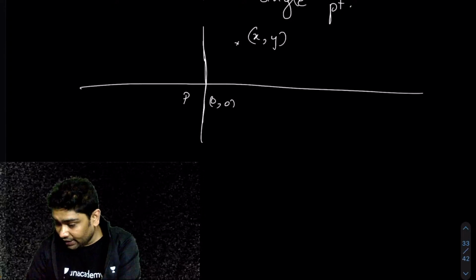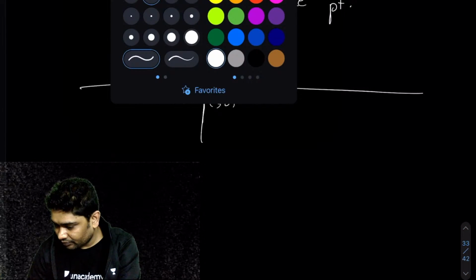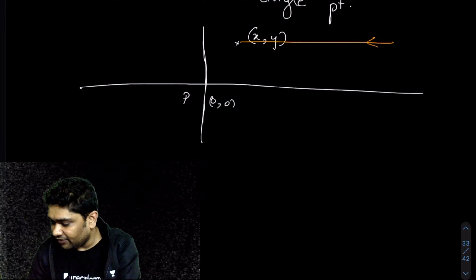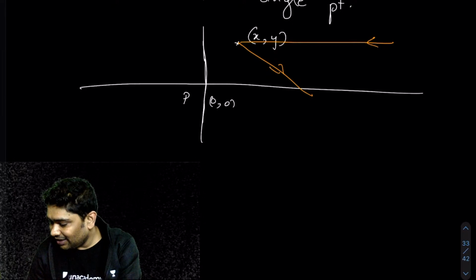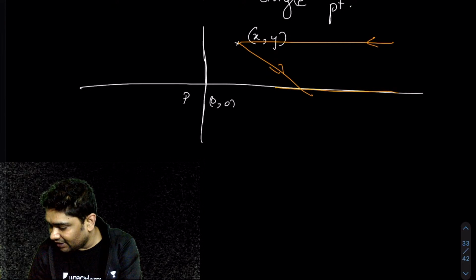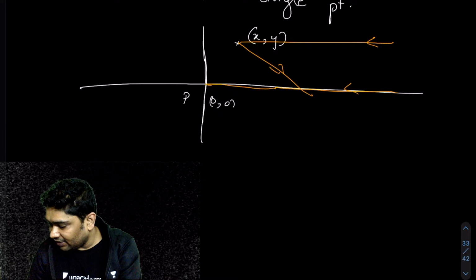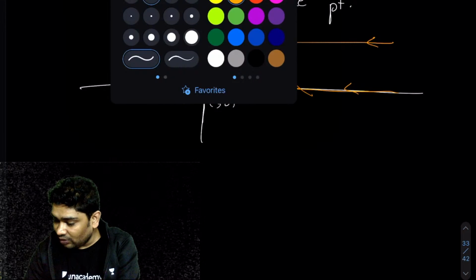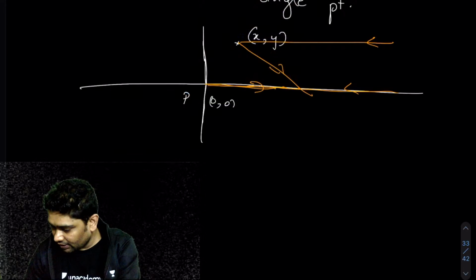So what I want is, when a light ray falls on this, imagine a light ray moving parallel to the principal axis. When it falls on this, it should pass through a point. And imagine if the light ray is coming like this and it is getting reflected, it also passes through this F. Okay, so I have found my F, which is the focal point, here.